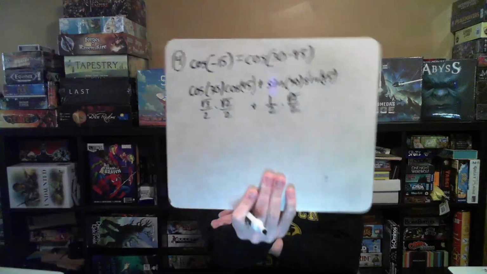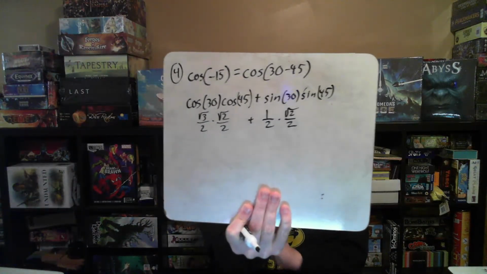Once again, I'm going to do the math here. Cosine of 30 is square root of 3 over 2, times square root of 2 over 2, plus sine of 30 is 1/2, times sine of 45, square root of 2 over 2.